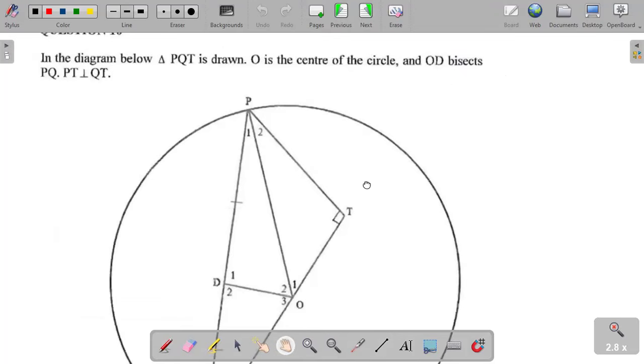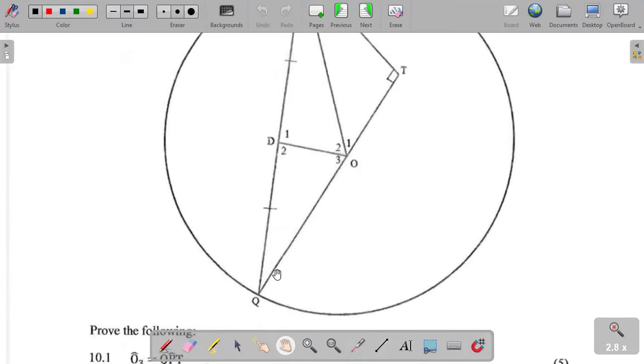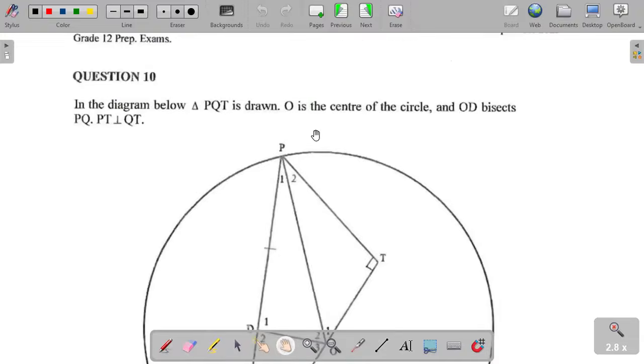Question 10 here. In the diagram below, triangle PQT is drawn. O is the center of the circle and OD bisects PQ. PT is perpendicular to QT.